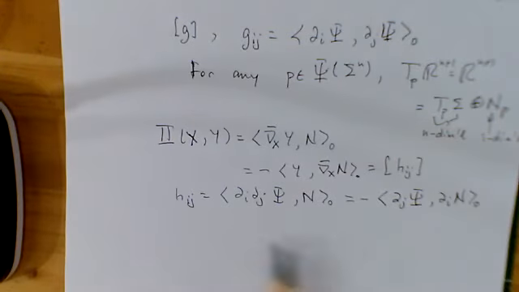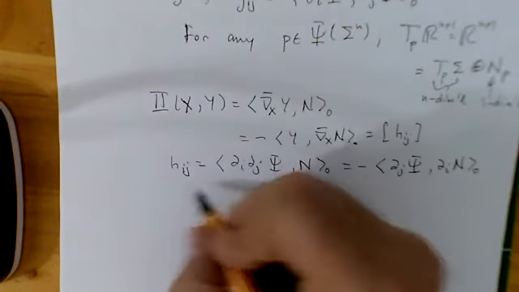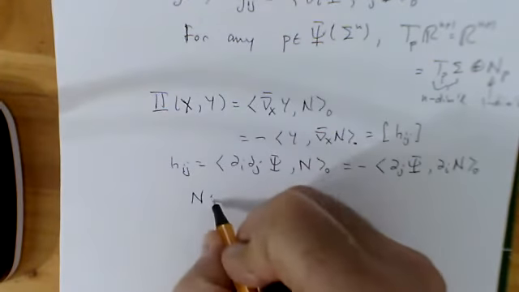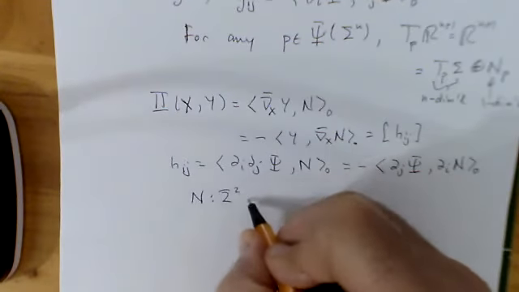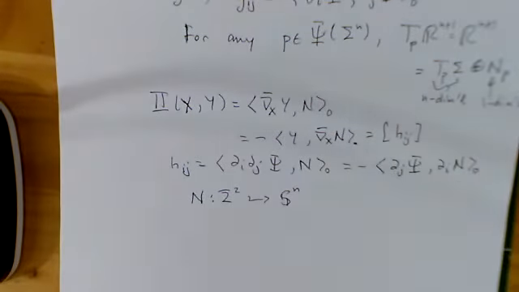So I can still interpret the second fundamental form as minus the derivative of the normal map, of this Gauss map. I still have a map n, which I can think of at least locally, into an n-sphere.